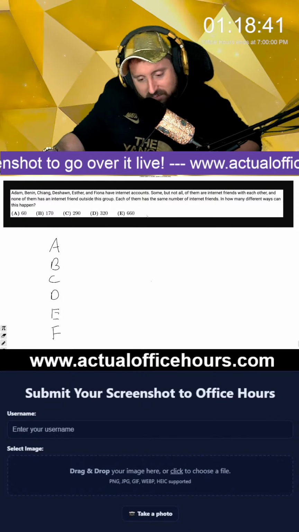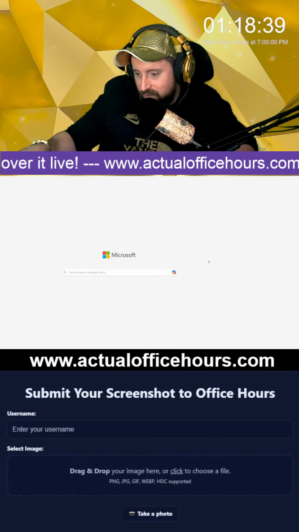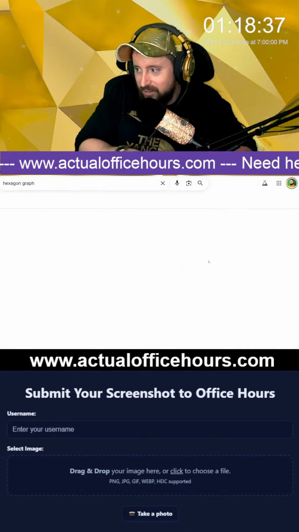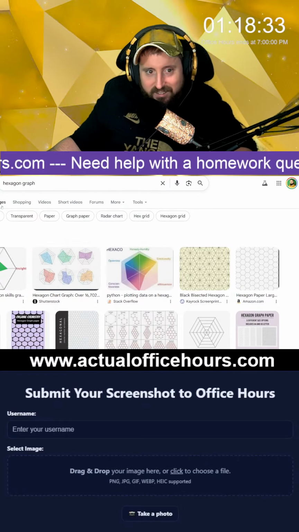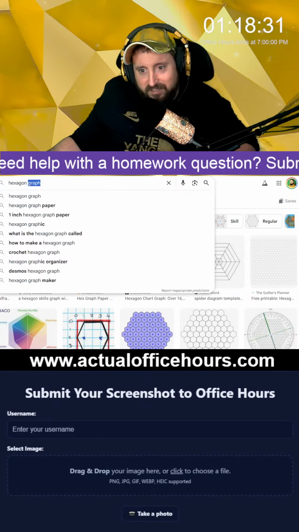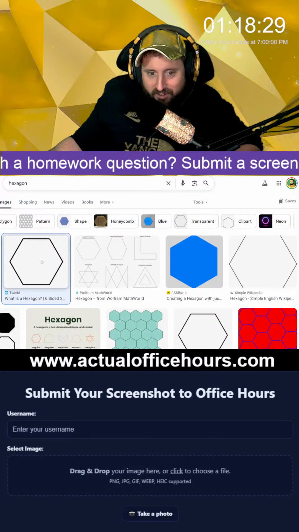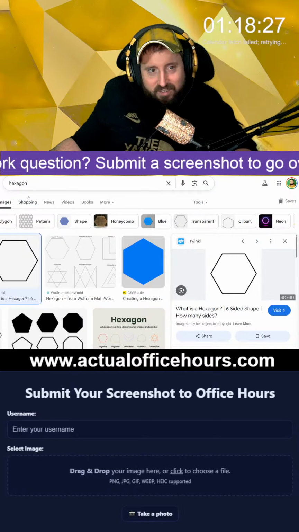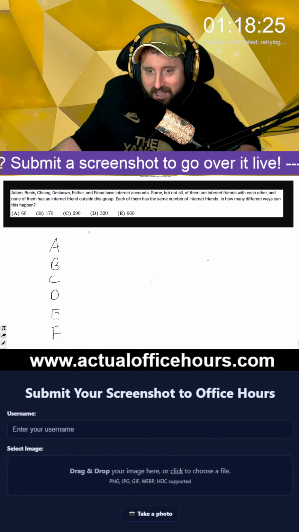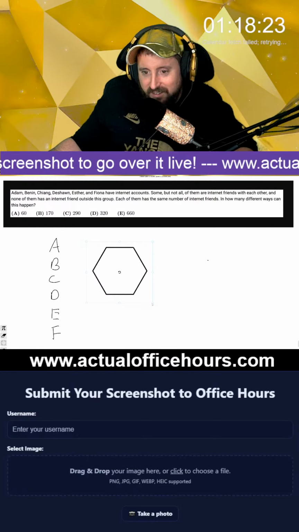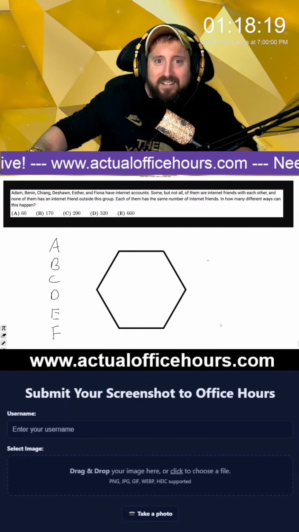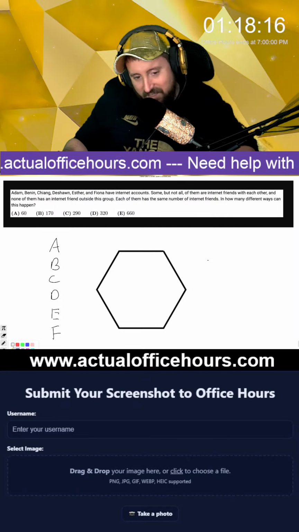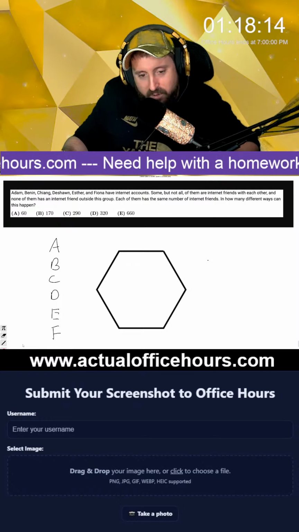Try drawing a hexagon. Okay, I'll get a picture of a hexagon. Can I have a hexagon, please? There you go. It's a hexagon. Alright, y'all need to show me how a hexagon makes this work. I think this is more than just combinatorics.